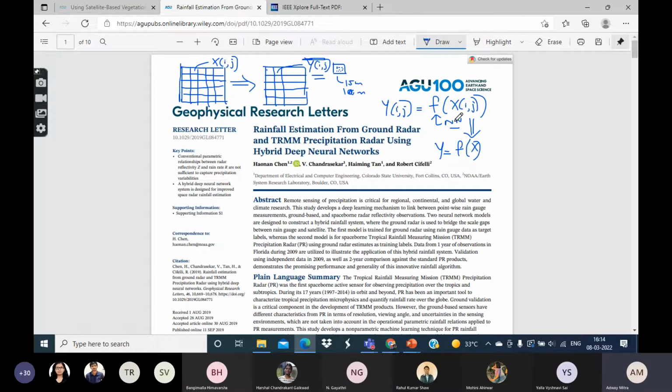Okay, so this is per pixel. Here the mapping is being done per pixel, and here the mapping considers the spatial influence. Right, so this is what we get.